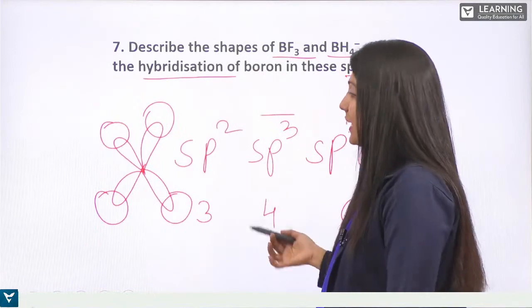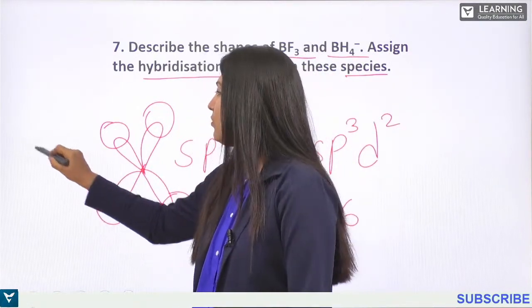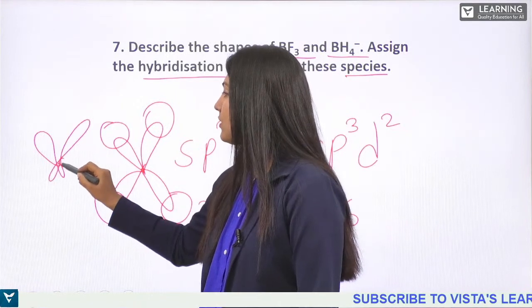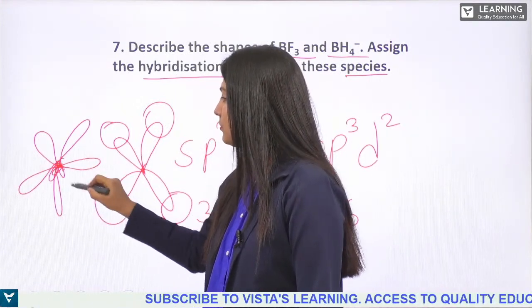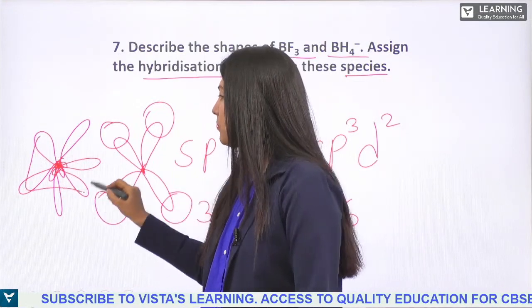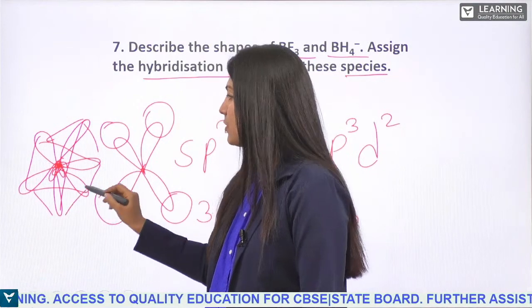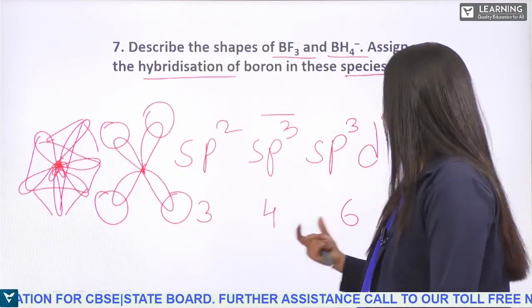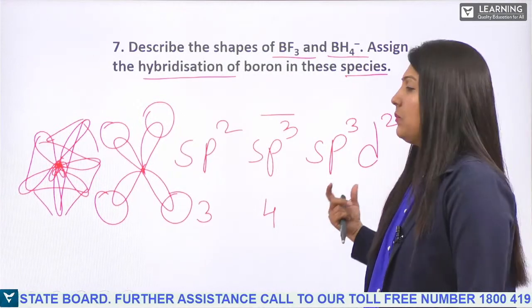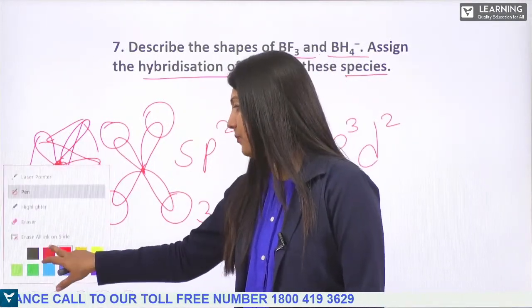If it is sp3d2, then we'll have an octahedral structure. Got it? 4 in plane, 1 in the other plane. You will have 6, but you cannot call it hexahedral; we call that an octahedral structure.